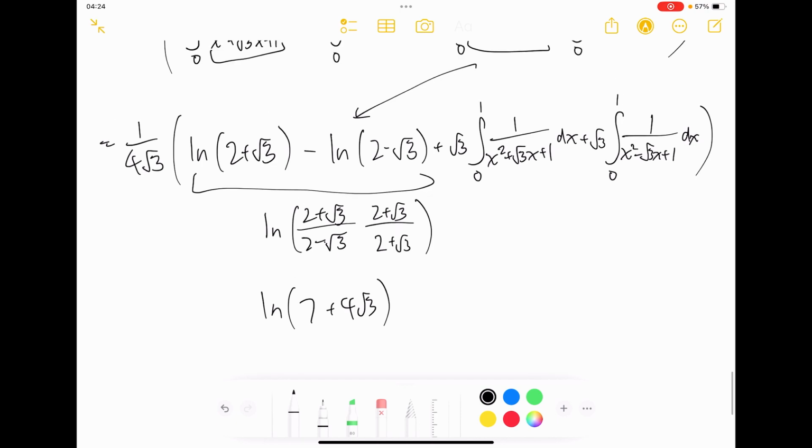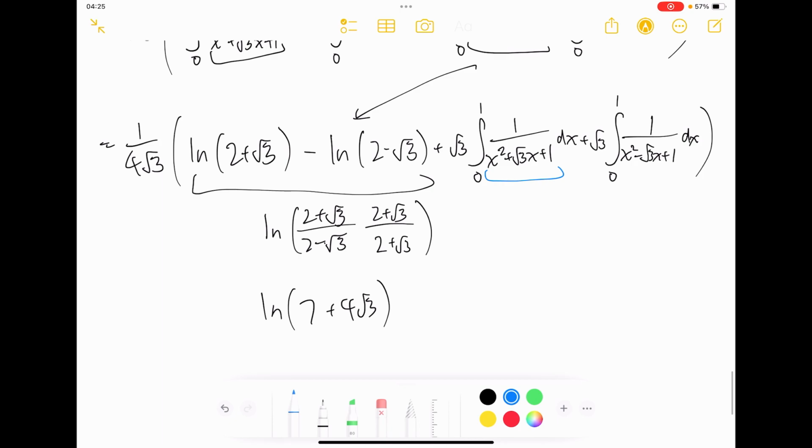And I think we can do these integrals as well. So, similar to K2, I'm going to complete the square. So this will be 1 over x plus root 3 divided by 2, middle divided by 2, and then squared. So how much do I need to get to 1? So I've got root 3 divided by 2 squared, which is 3 over 4.